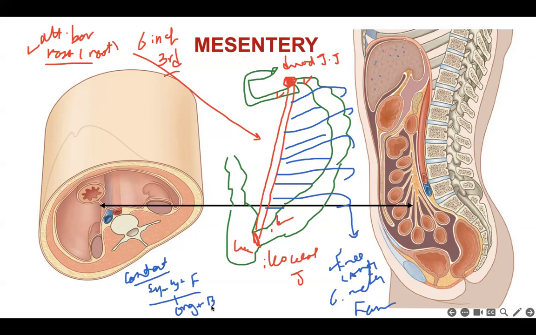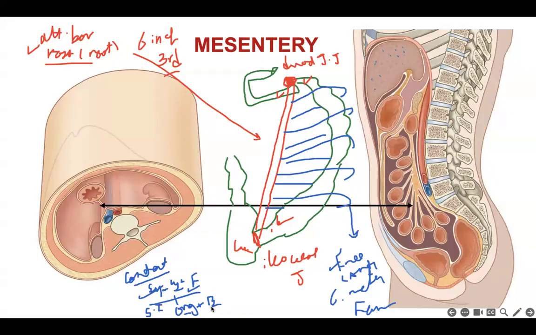So if I ask you what is the content of the mesentery, you have to mention sympathetic, lymphatics, and the fatty tissue plus the organ. What is the organ inside this peritoneal fold, the mesentery? The small intestine. So it contains the small intestine in the free border.